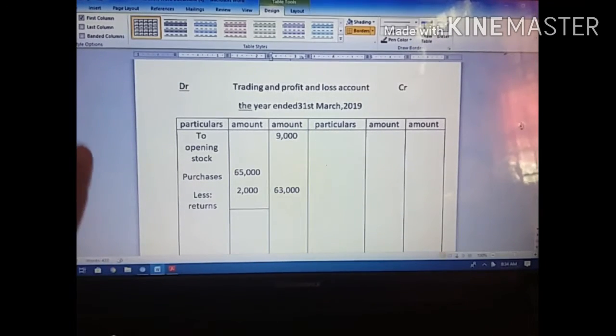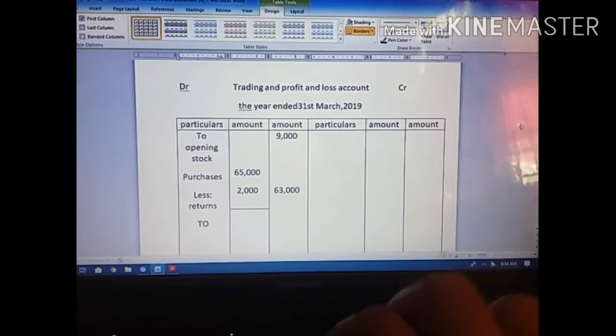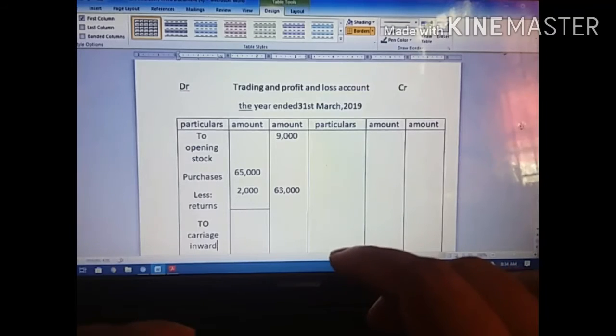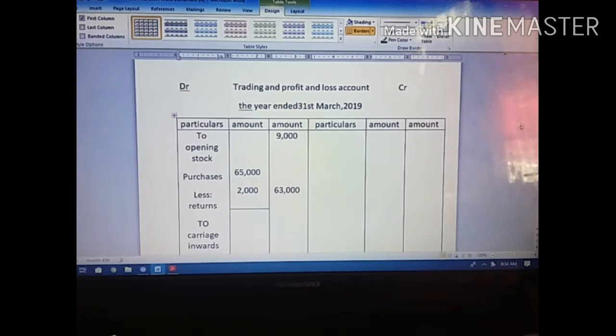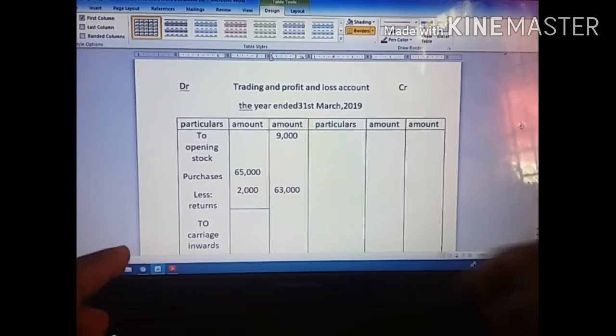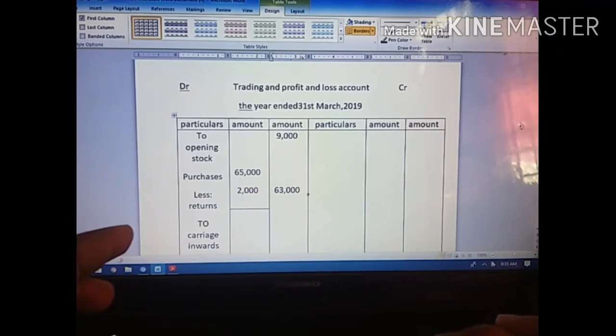So likewise you have to prepare trading. Then carriage inward is here. Carriage inward is a trading item, so we have to write "To carriage inward". Carriage inward 8,000, I have to show in the outer column.